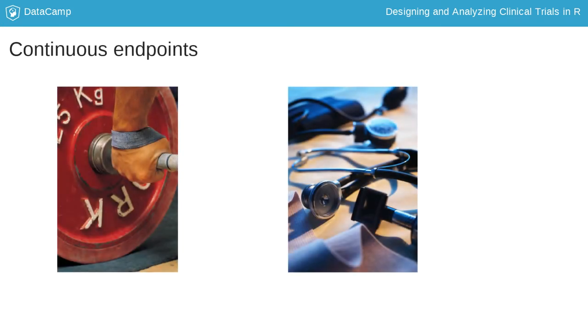Consider a trial evaluating the effects of exercise on blood pressure. If participants' blood pressure readings are taken at baseline before the exercise regimen and again after 6 months, then appropriate endpoints could be the changes from baseline at 6 months, a continuous measure.